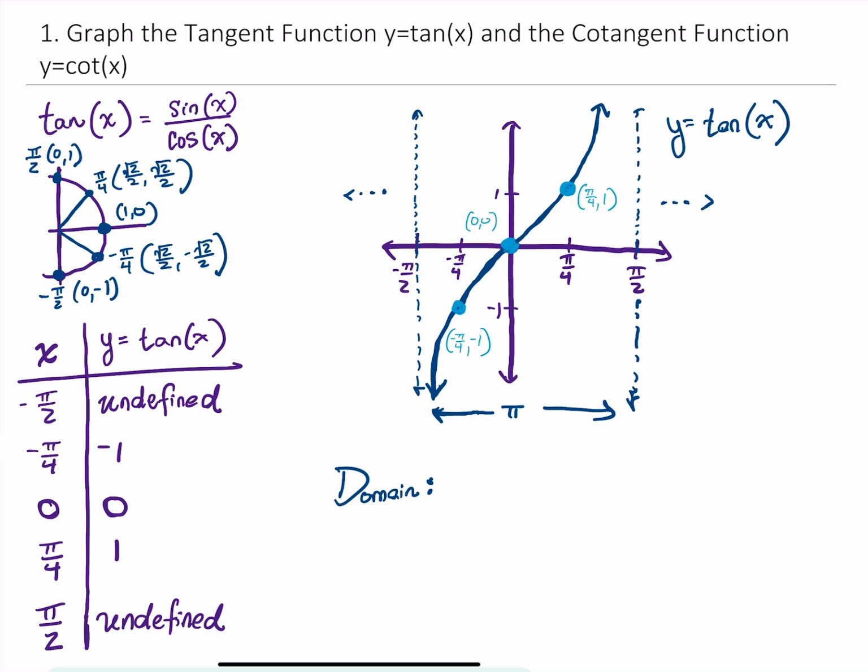So if you recall, we would open up a set. We're describing a set of values, so I'll use curly brackets. So the set of all values x such that, so that's what this line means, such that x is not equal to odd multiples of pi over 2.